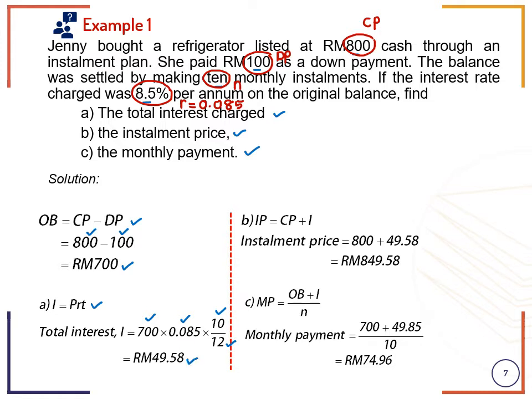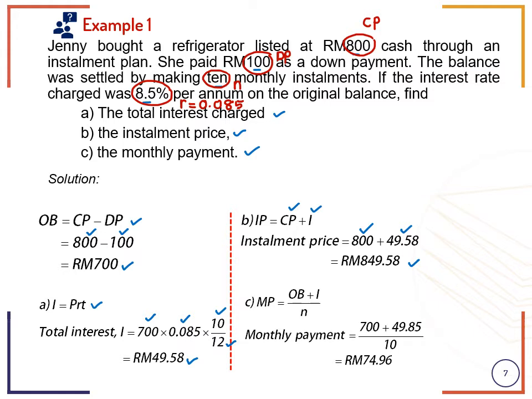To calculate the installment price, the formula is cash price plus interest, where cash price is 800 and interest is 49.58. Therefore, the installment price is 849 ringgit 58 cent.